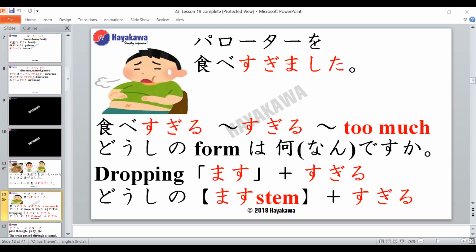What is the form of the verb taberu here? You have to drop the masu and add sugiru, right? It's your doushi, no? Masu stem plus sugiru, correct? So tabe is your masu stem which you're adding with sugiru, right? So that's how we use verbs with sugiru, which means too much. Any doubts over here?